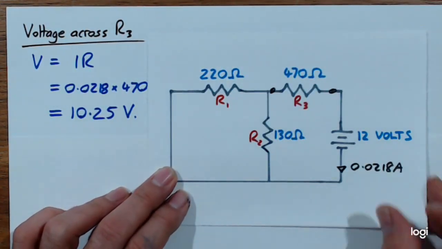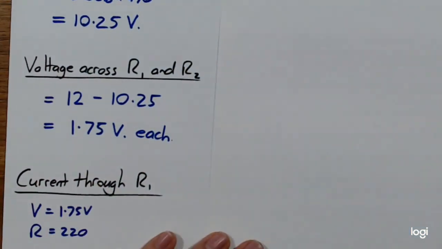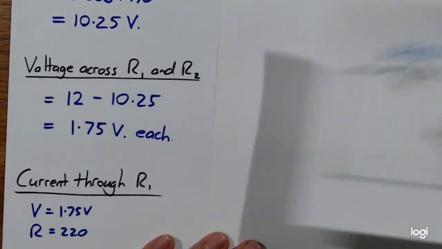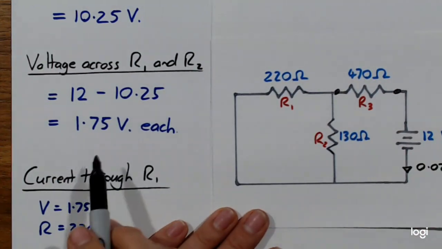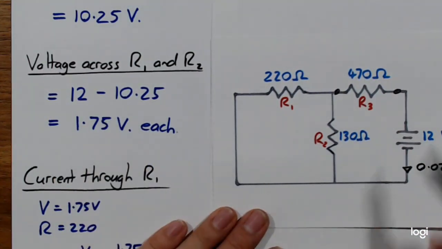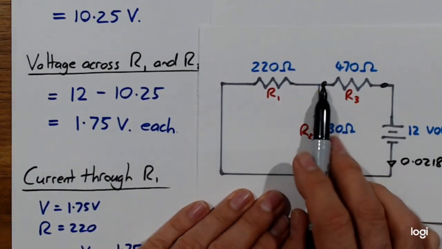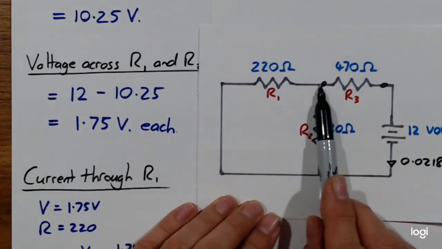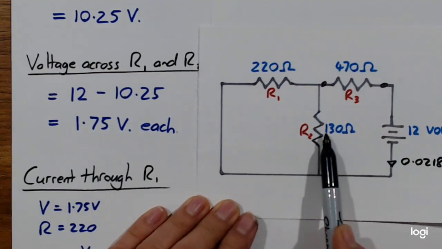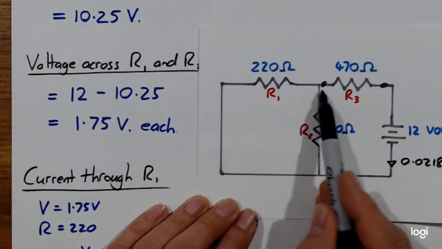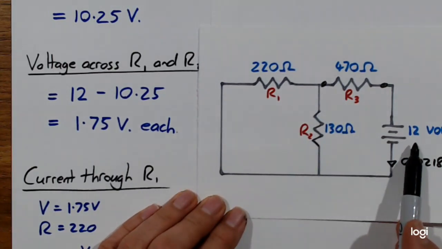Now let's take the other two. Okay, so to find out the voltages across each of the other ones, you now know that you started with 12. We lost 10.25 there. And whichever way the electrons are going to go from here, whether they go this way or that way, or conventional current, because I'm going backwards now, we know that it's only got 12 minus 10.25 left to lose.